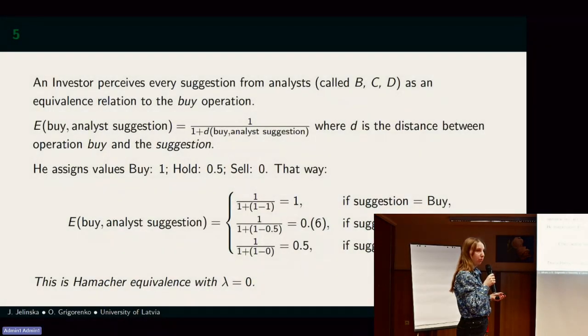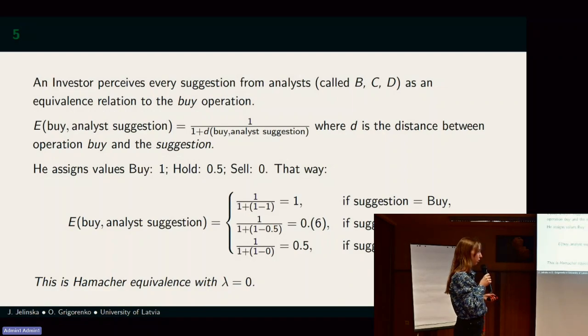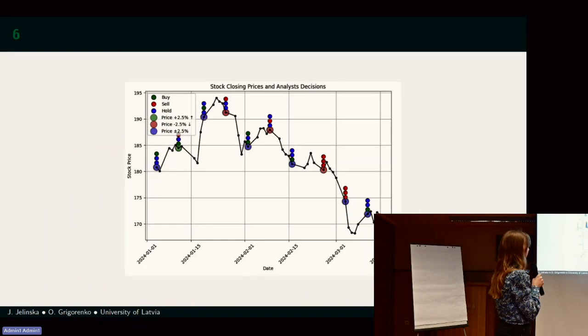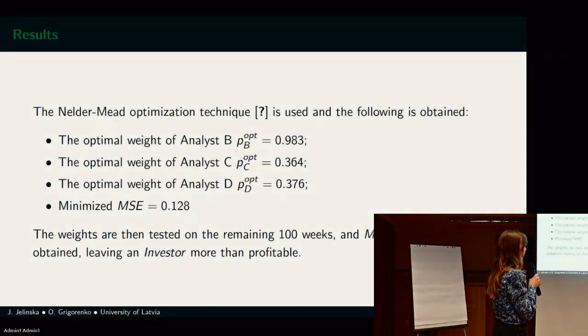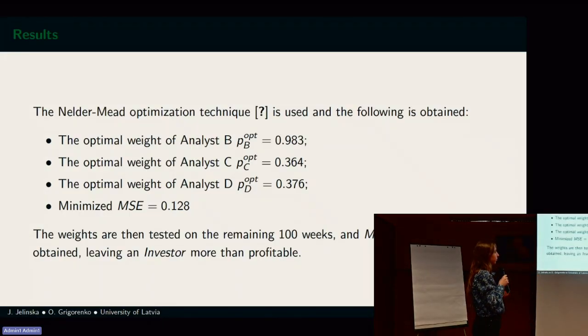So it shouldn't always be one. If the suggestion had to be hold, it should be 2/3. If the suggestion had to be sell, then it is 1/2. So we are not always optimizing to one. Yes, so this way we obtain these weights.